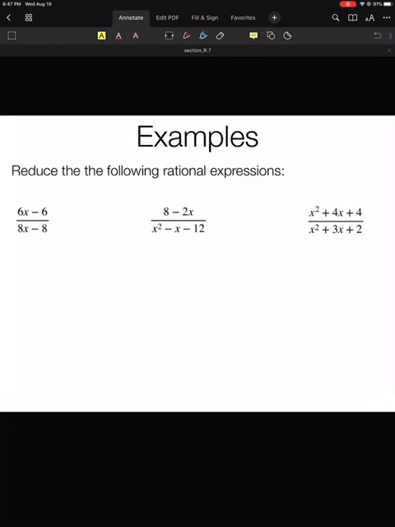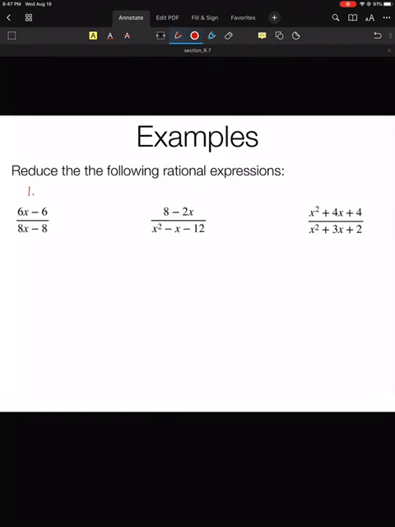So the first one, we'll start with number 1 on the far left here. You're going to see if there's anything that's similar between the top and the bottom, and you're going to work with basically two rules: the distributive property and factoring polynomials.